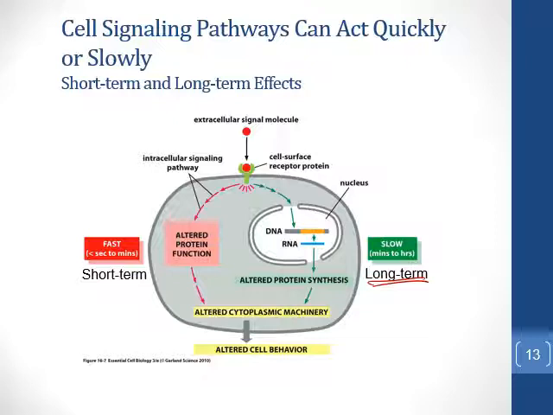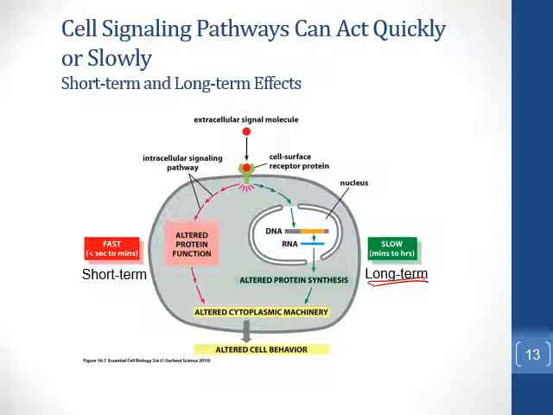The point here is that it's called a long-term pathway because you could be having effects in the cell taking place long after the signaling molecule is gone. In other words, the effects are really going to be determined by the concentration of the protein, and the concentration of the protein is going to be determined, at least in part, by how stable the mRNA is.